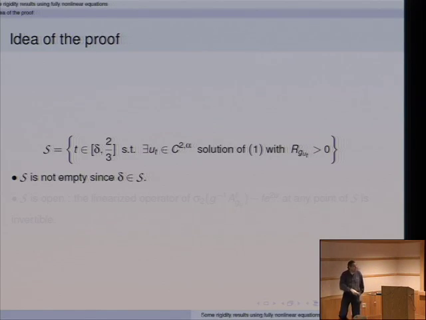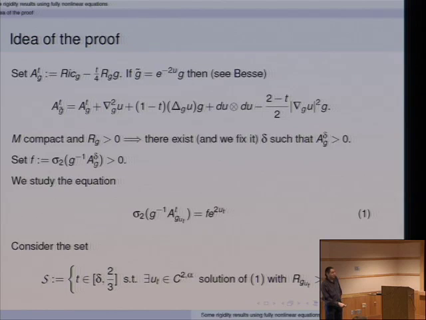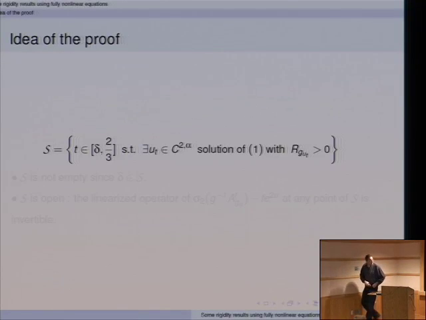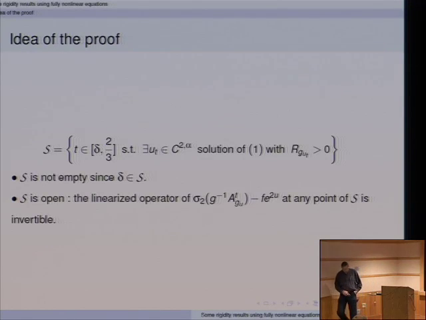Maybe I should go back to the equation. So if t is equal to delta, because of the definition of f, u_t equals 0 is a solution. So S is not empty. S is also an open set.